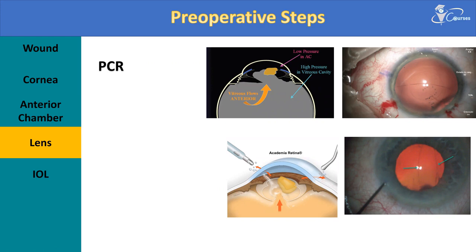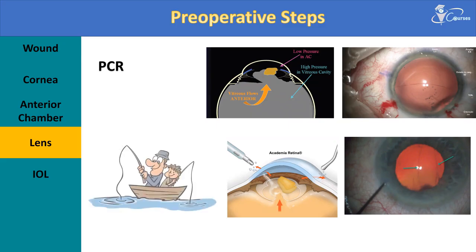So again, we want to prevent this from happening, and the key is early recognition. Like in the previous case I showed you for hydrodissection, if the surgeon hadn't paid attention to the pupil snapback sign, he would have continued the surgery and would have dropped the nucleus. So early recognition is the key. This is number one.